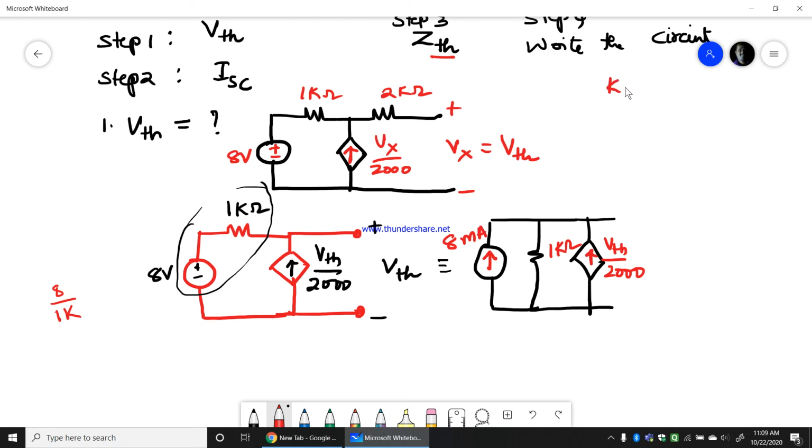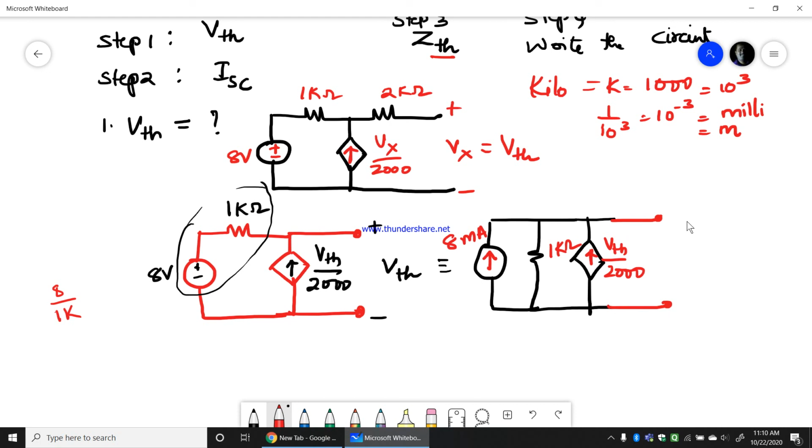See, kilo is 1000, which is 10 power 3. Now 1 over 10 power 3 is 10 power minus 3, which is nothing but milli, denoted by m. Now this is the VTH we need to find out.